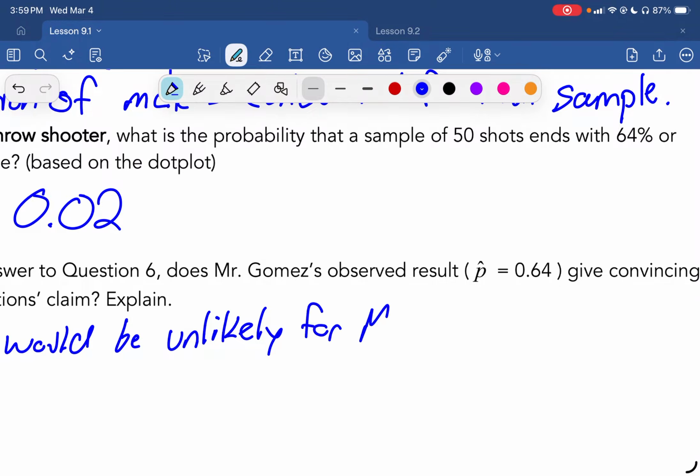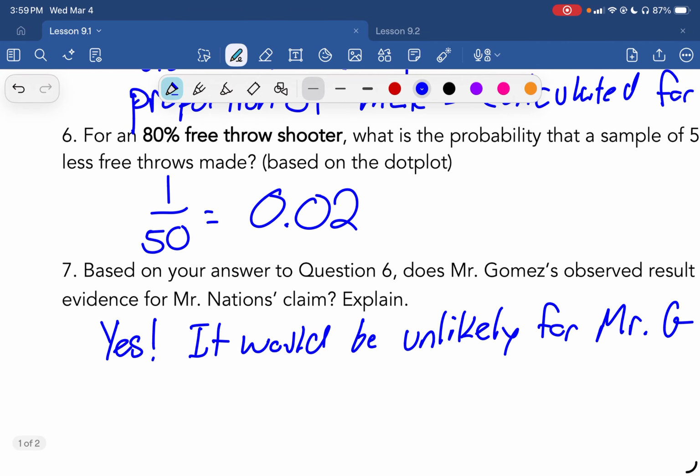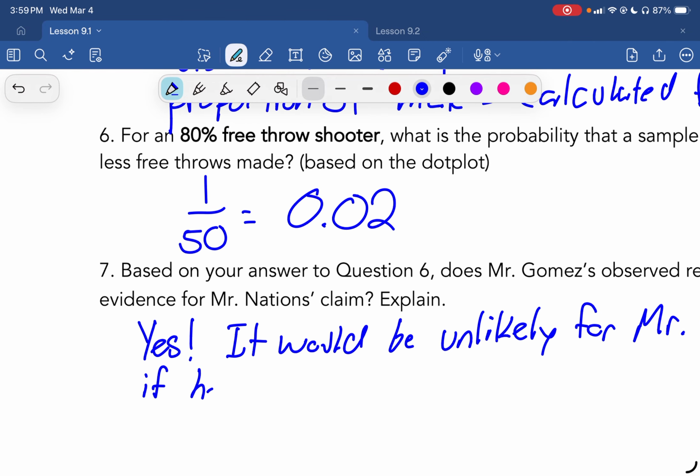For Mr. Gomez, again, abbreviating to G, to get a p hat of 0.64 if he really was an 80% shooter.